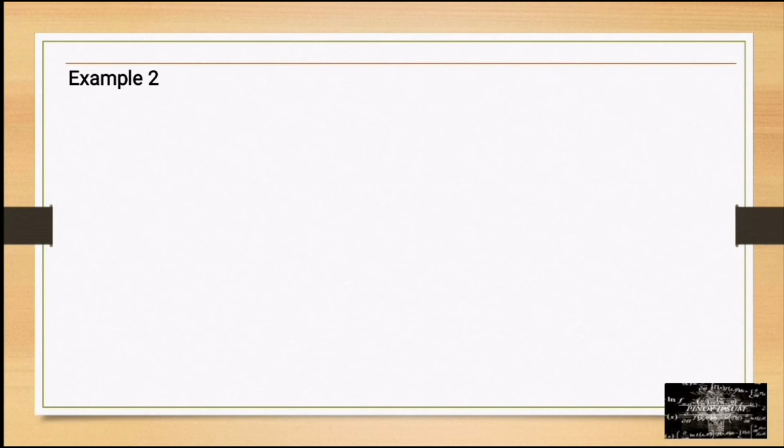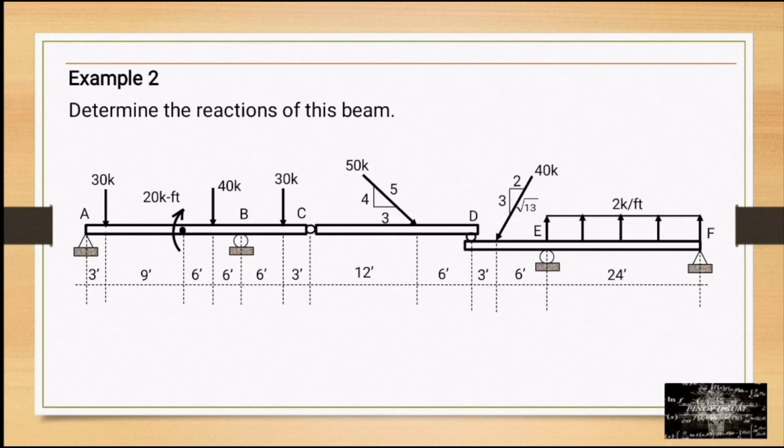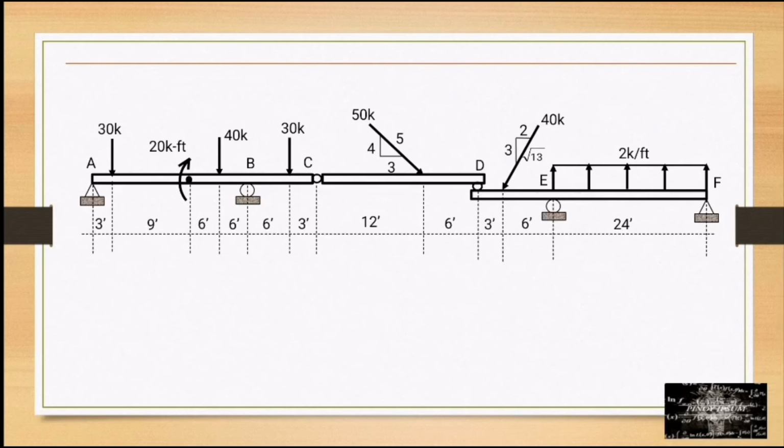Example number 2 tayo. Determine the reactions of this beam. Ito siya. Sa point C, we have internal hinge. Then sa point D, mayroon tayong internal roller. By inspection, we have 3 segments na pwedeng i-isolate para ma-solve yung mga reactions.